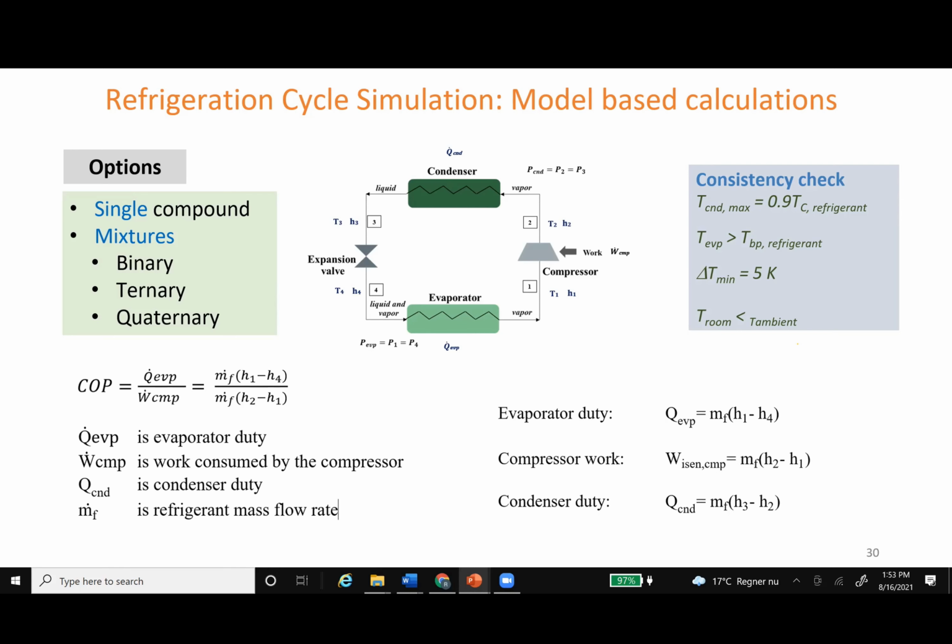And then we would be able to calculate the enthalpies. So the simulation is done as PVT relationships at every point to calculate the states. And once the states are calculated, then based on them, the enthalpies are calculated. Since it's a closed cycle, the charge M is the same all the time. So that's a simple model. If we have all the equations to calculate the properties, then that is straightforward.